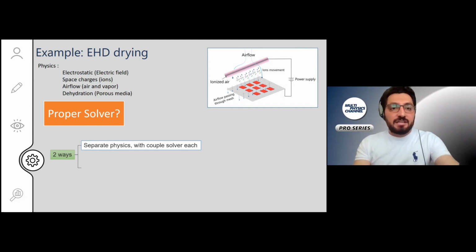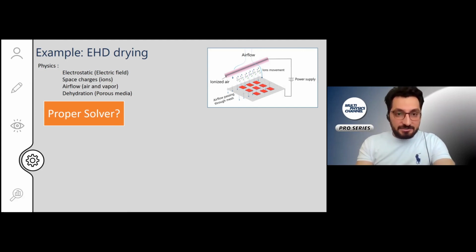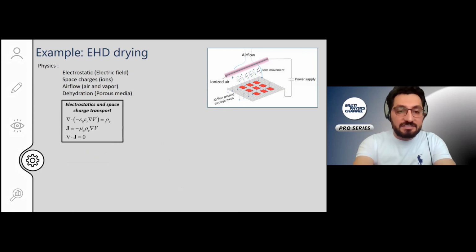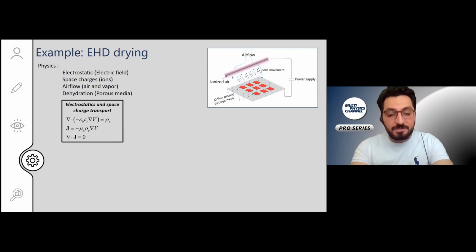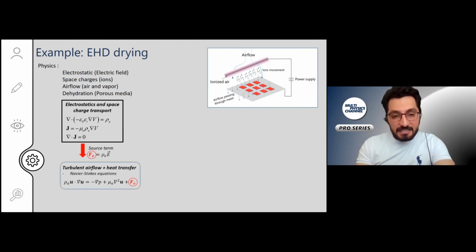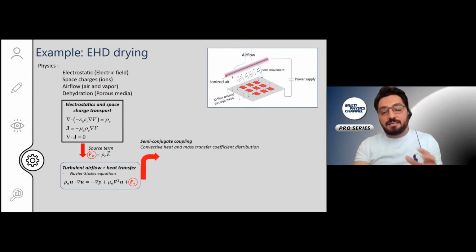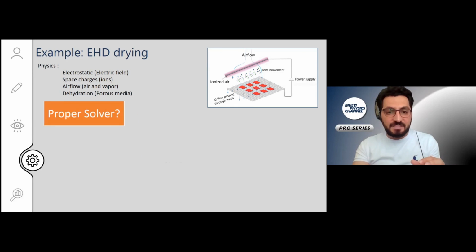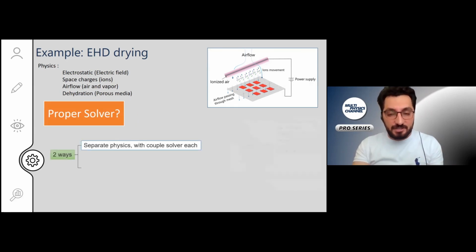For example, I just solved for the electrostatics, just these equations, but with a fully coupled solver. Then as a result, I had this output, which is input of the next physics, and I solve for the next physics with fully coupled, and then again I go to the next physics. So that's what I call separated physics with fully coupled solver.